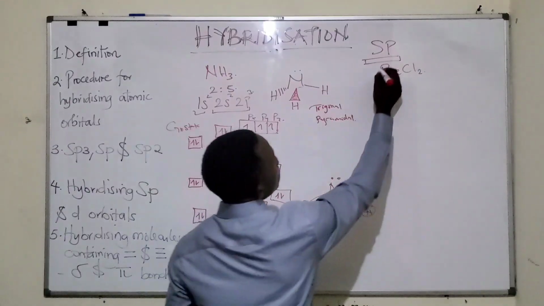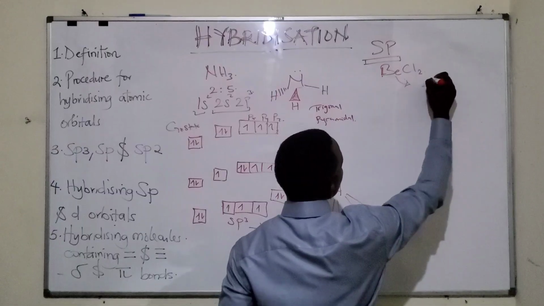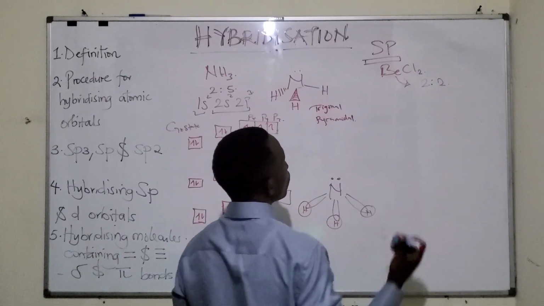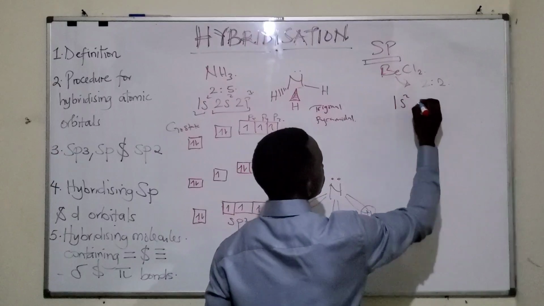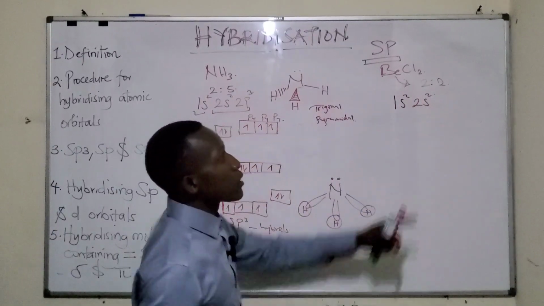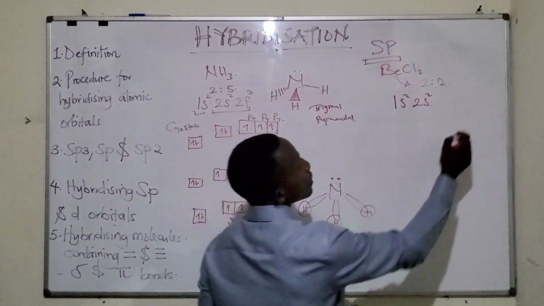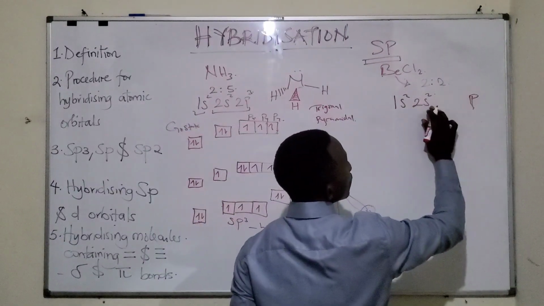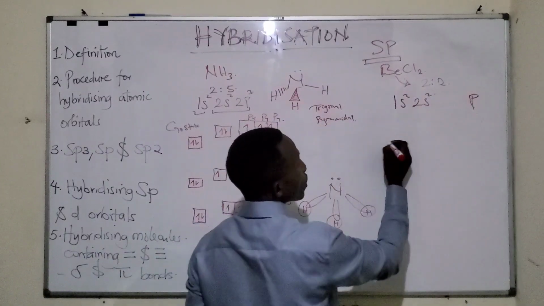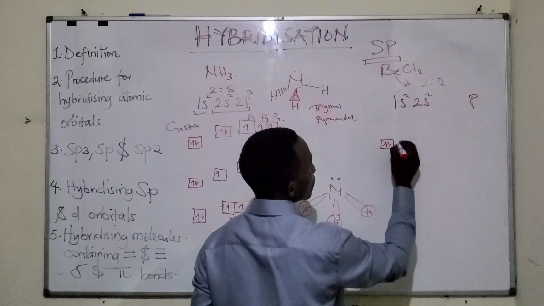Beryllium's electron configuration is 1s2, 2s2. In period 2, we have p orbitals, but here they are vacant because nothing is there. In that, at ground state, we shall have this.